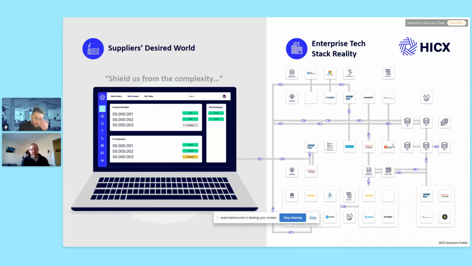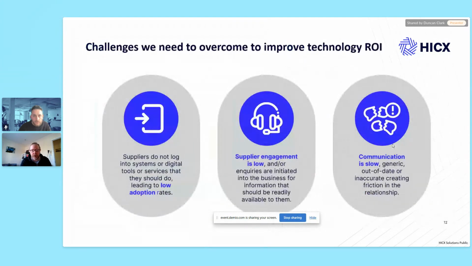And then just to give the visual of that supplier's desired world that I mentioned earlier, what they're looking for is to have that shielding from the complexity that sits under the hood, behind the scenes. And equally from the enterprise perspective, we need to make sure that all of these tools and digital services that sit in the background are delivering the ROI that we want, because we get that interaction, the adoption and the engagement from suppliers.